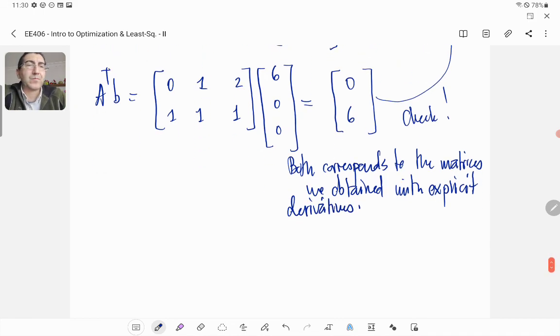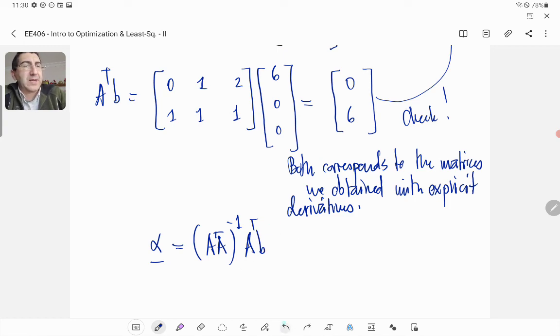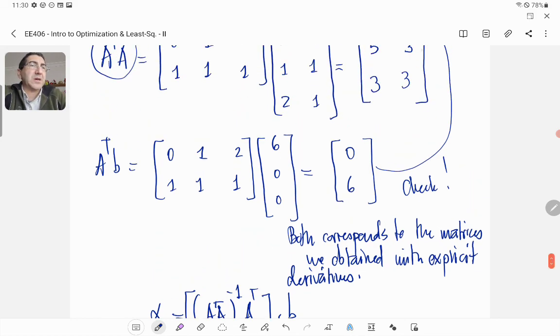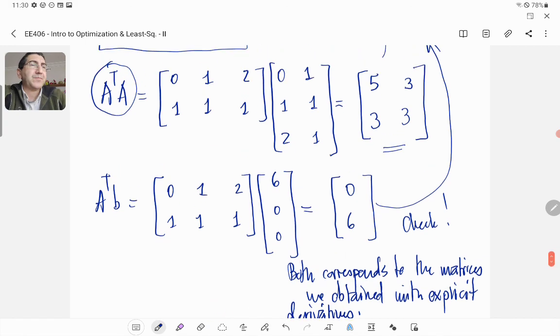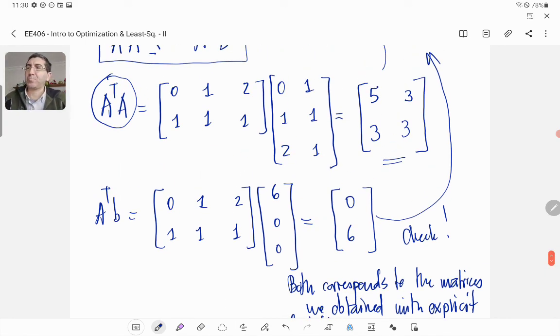That means you can simply solve for alpha by calculating A transpose A inverse times A transpose B, basically times B. That is the inverse of this matrix over here. So that completes our example in this case.